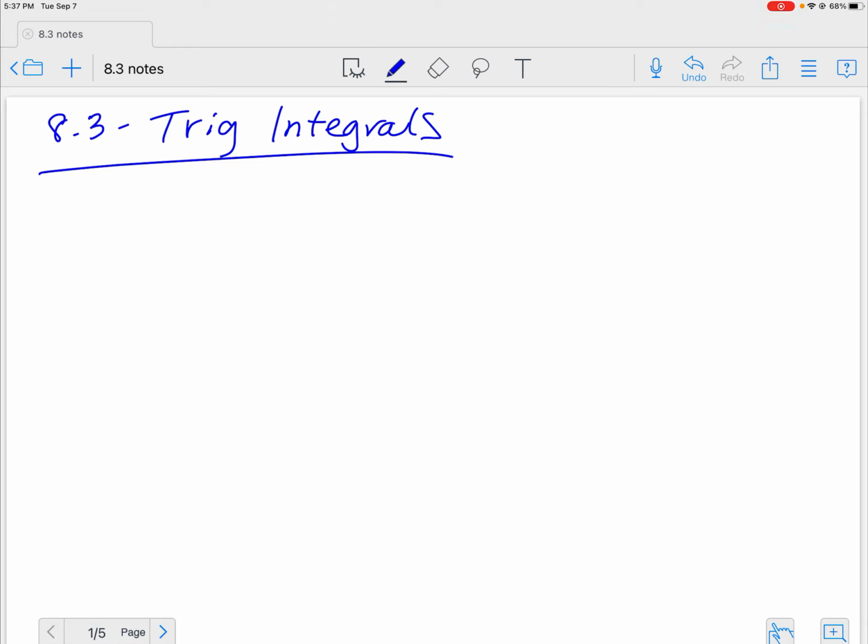Wait. Before we do that, here are a couple of trig identities that I want to make sure you remember. Pythagorean identities first.